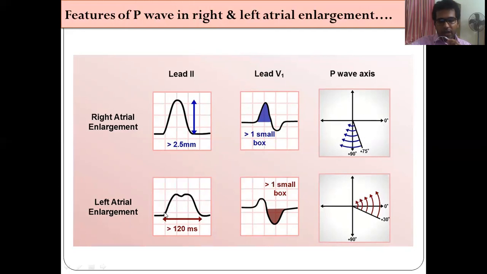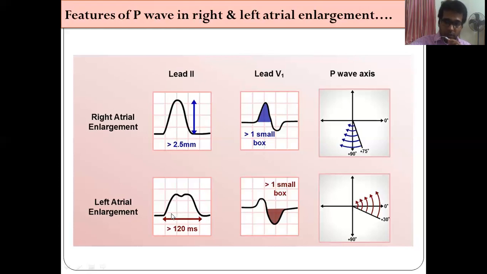Now what happens in case of left atrial enlargement? If you see carefully, if left atrial enlargement occurs, the duration will be increased, as left atrial depolarization is the terminal event. So due to left atrial enlargement, the total duration of atrial depolarization will be increased.